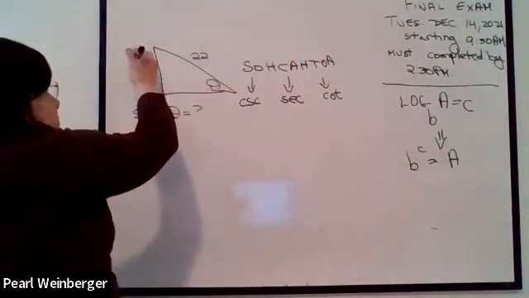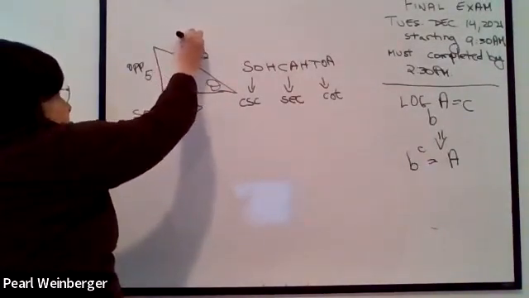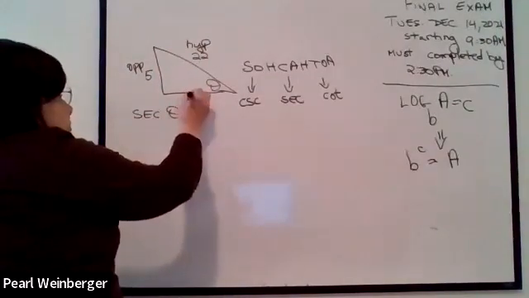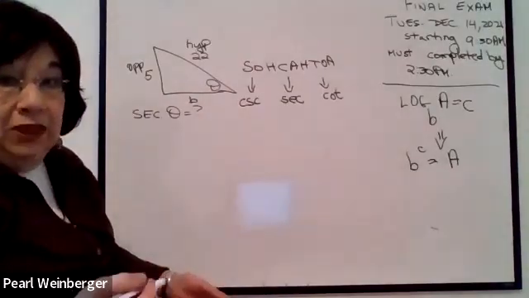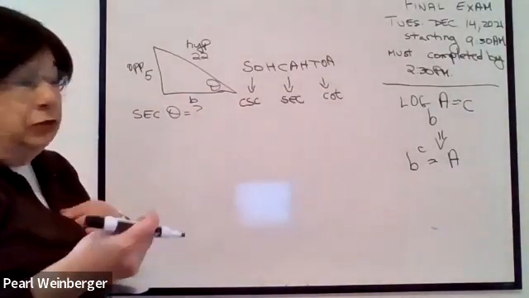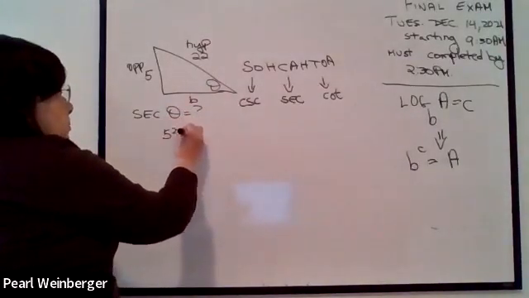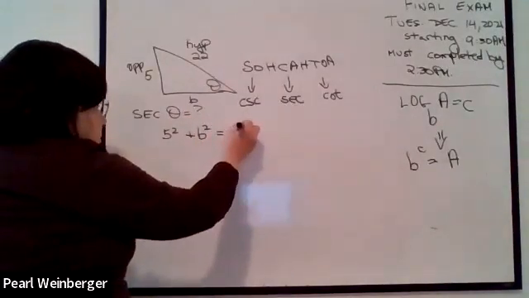And what I have here is my opposite side, and this is my hypotenuse, and I don't have the adjacent. Let's call this B. So just like we did before, we're going to use the Pythagorean theorem to find the third side of the triangle. We'll do 5 squared plus B squared equals 22 squared.